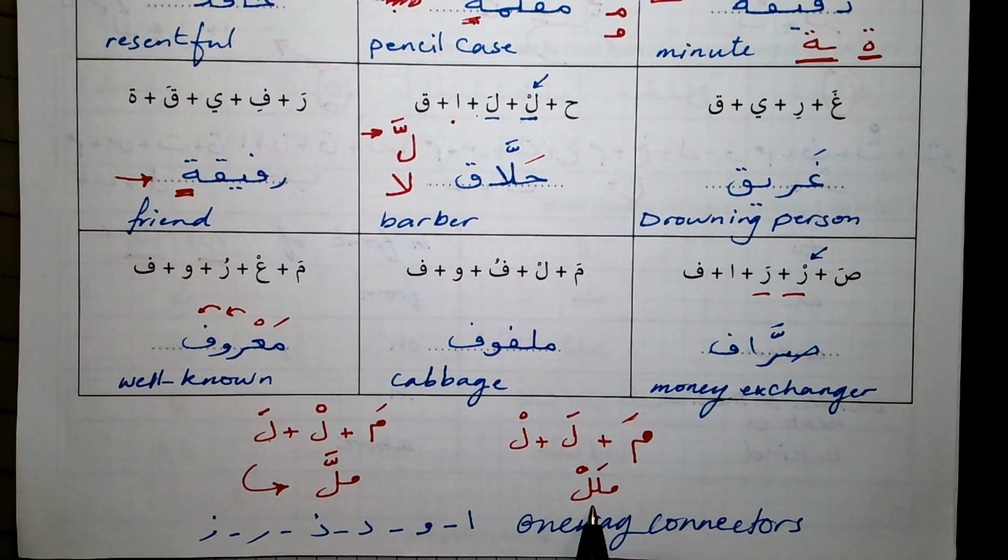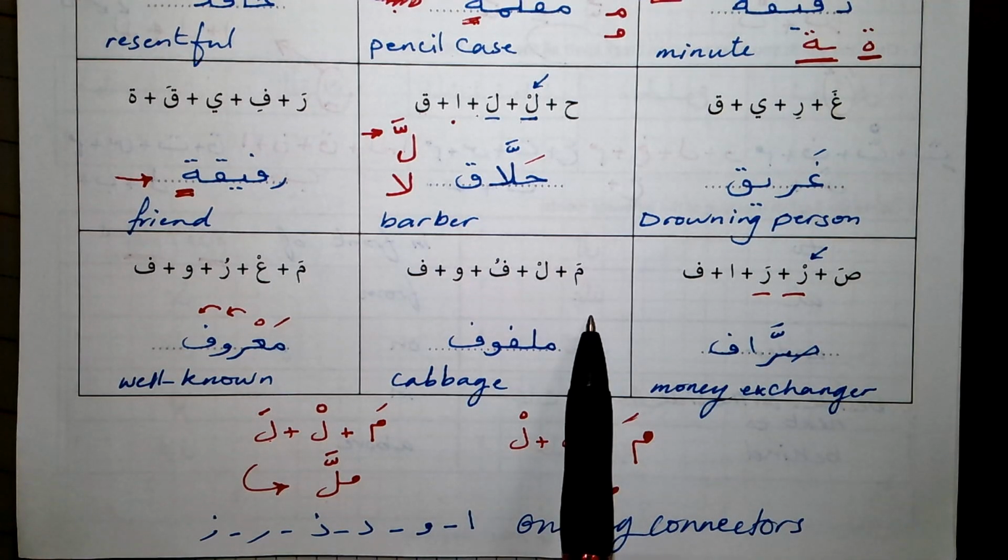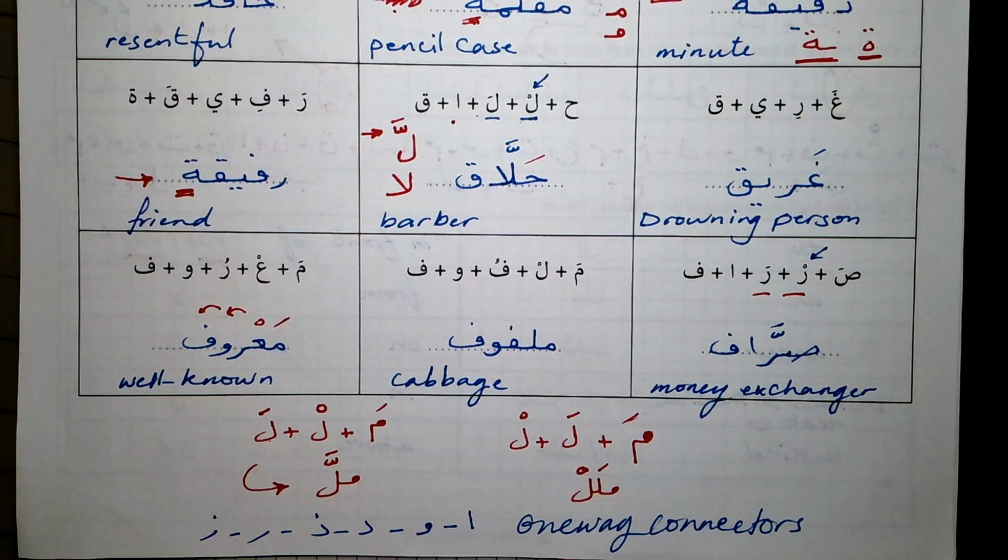So this one is malal, this one is malla. Now, second word, malfoof, cabbage. Malfoof. Waw is not connected to the fa because it's a one-way connector.